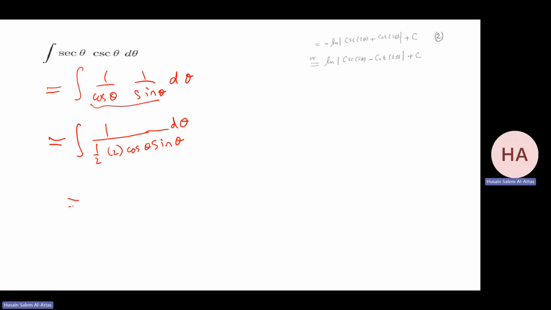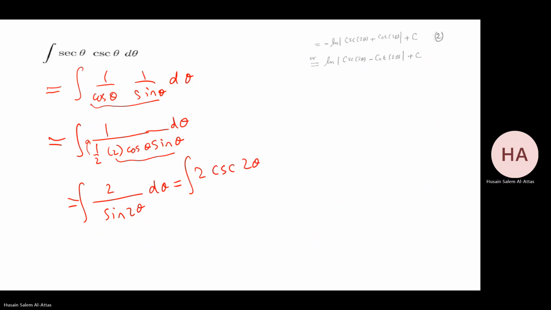So that will be 2 times the integral. This half will go up as 2. This is 2 over sine 2 theta d theta, which is 2 cosecant 2 theta d theta.